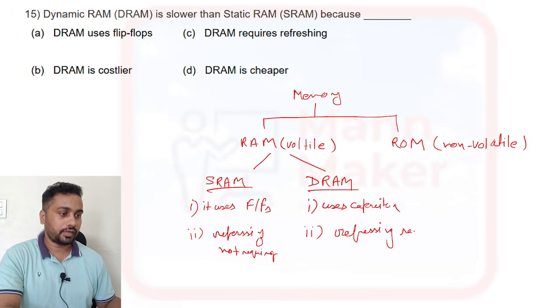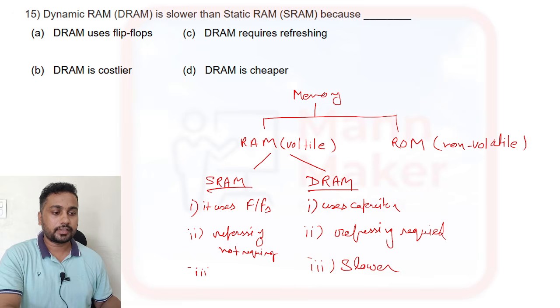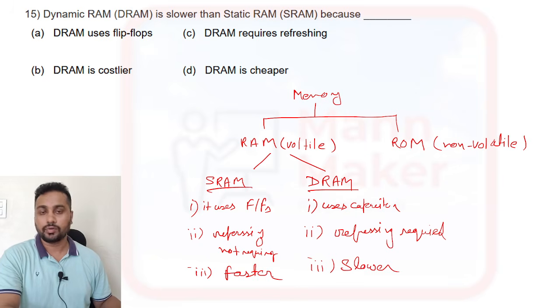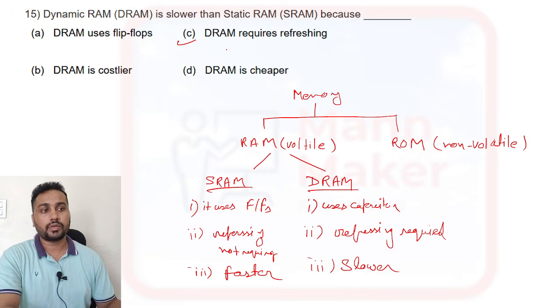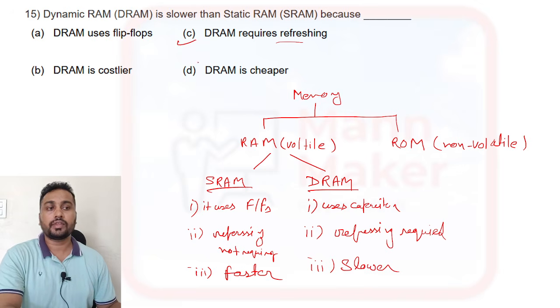Because refreshing is required here, that's why it is slower, and here refreshing is not required, that's why SRAM is faster than DRAM. Okay, so from here you need to write option C: DRAM requires refreshing, that's why it is slower than SRAM.